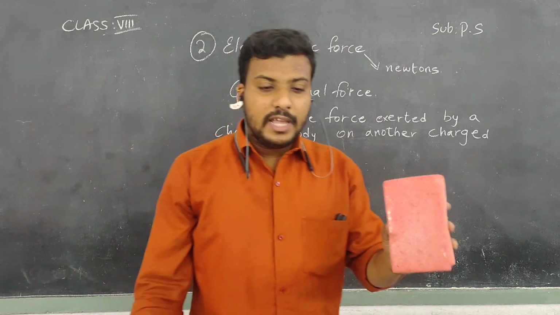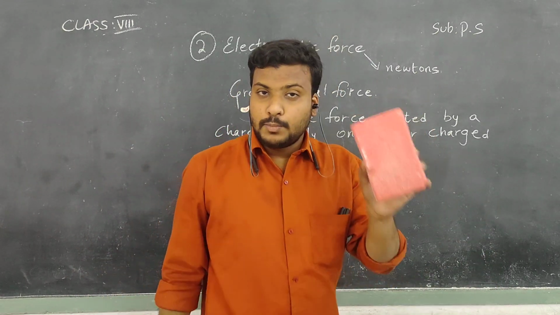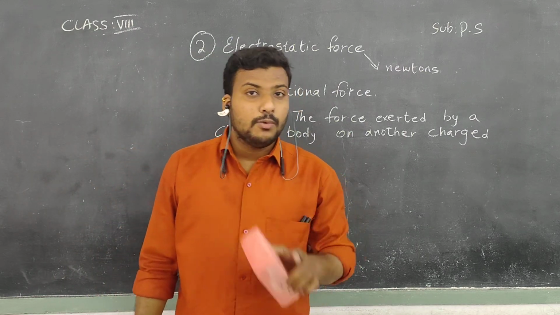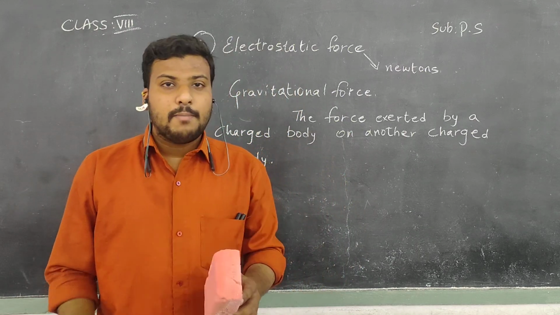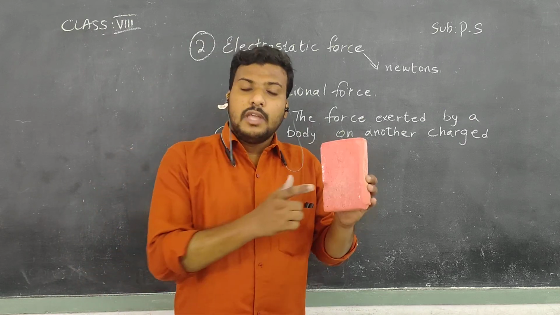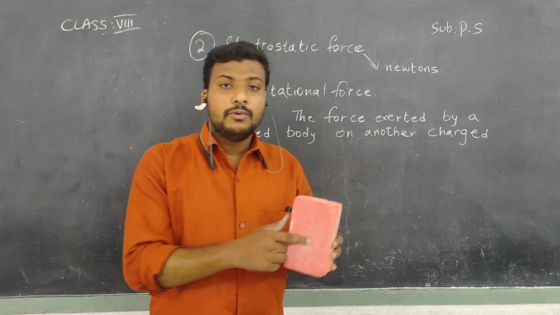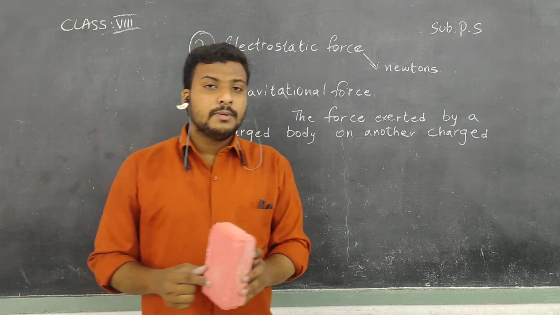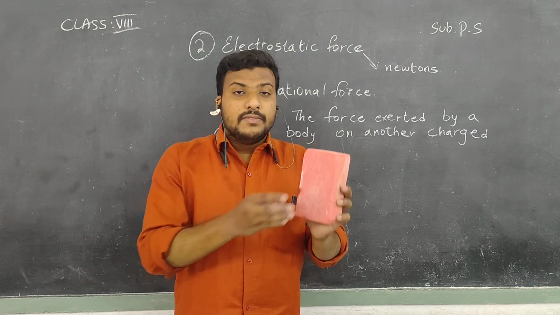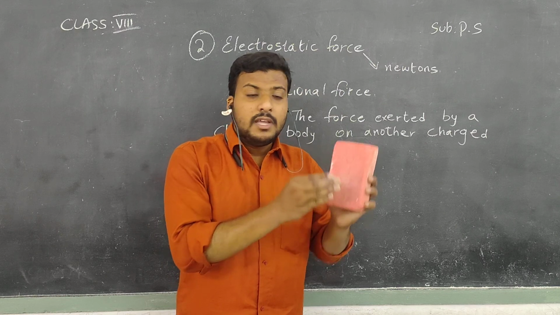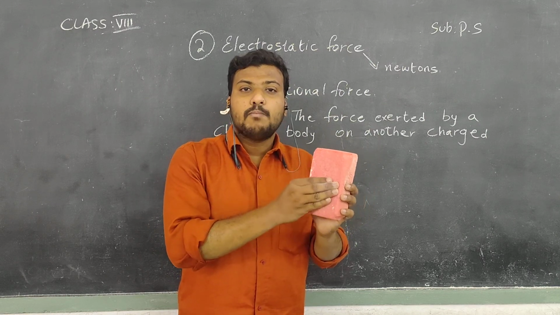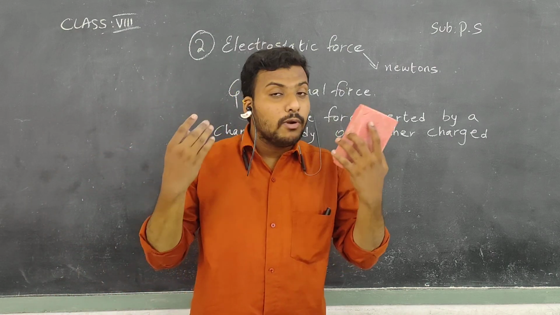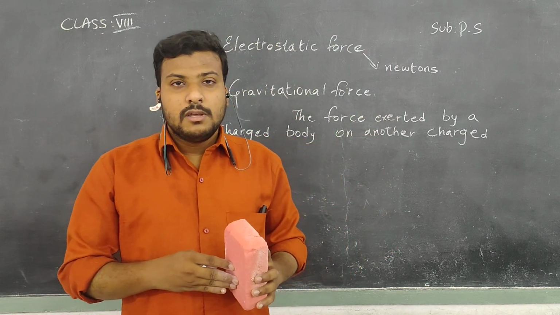Now you take this balloon near the bits of paper. Previously, you cut the entire paper into pieces, no? Then you bring the balloon near the cut pieces of paper. This is a charged body, and this charged body applies some force to those bits of paper, but we cannot see this force, children.